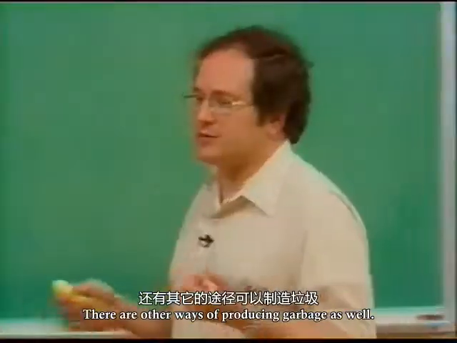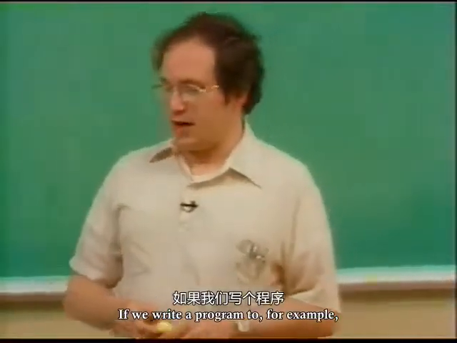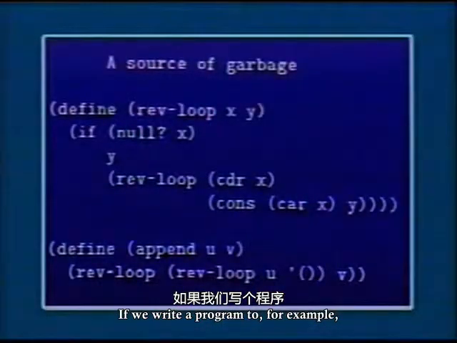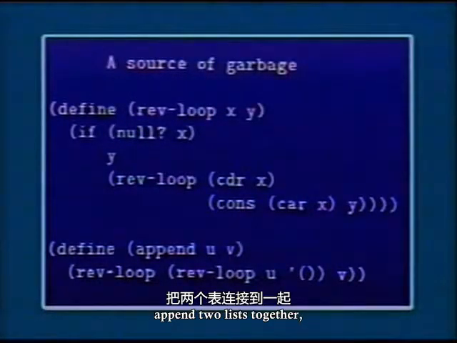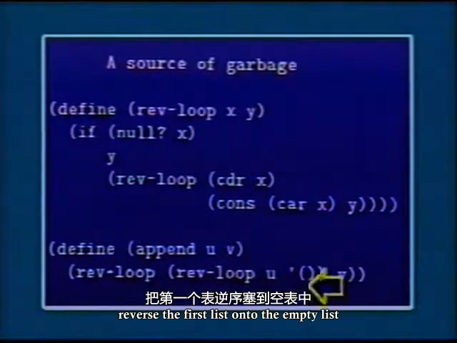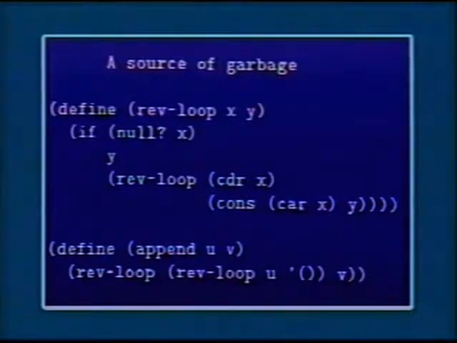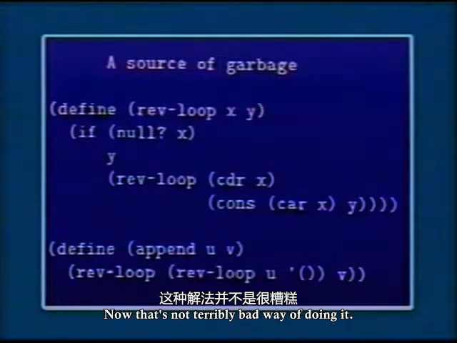Okay? There are other ways of producing garbage as well. Users produce garbage. An example of user garbage is something like this. If we write a program to, for example, append two lists together, well, one way to do it is to reverse the first list onto the empty list and reverse that onto the second list. Now, that's not a terribly bad way of doing it.